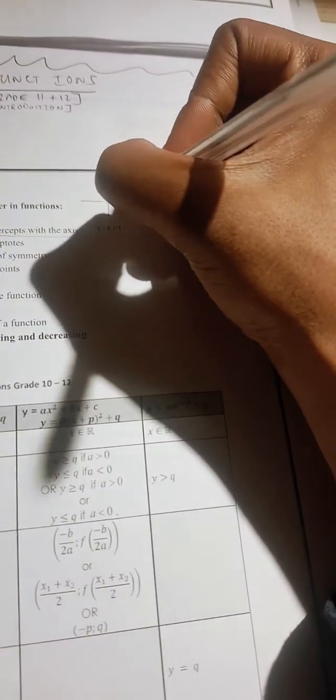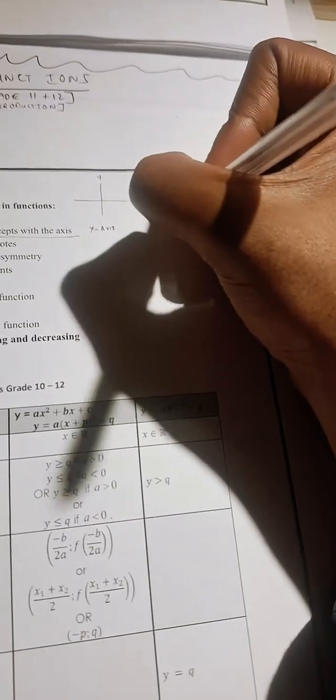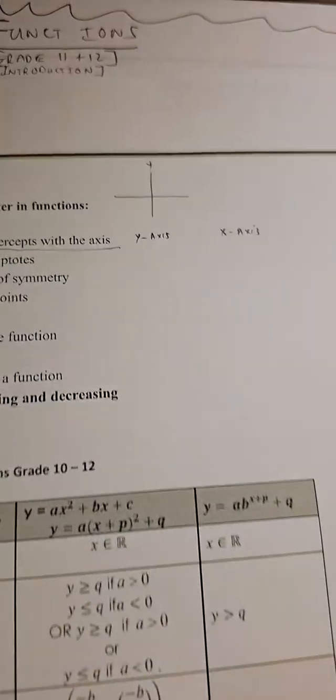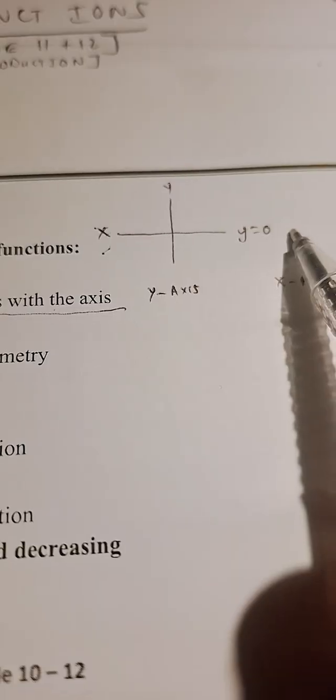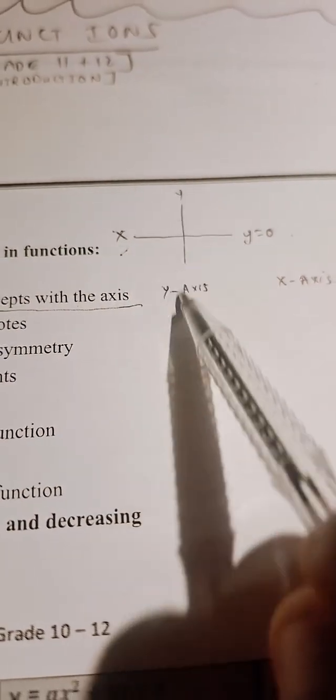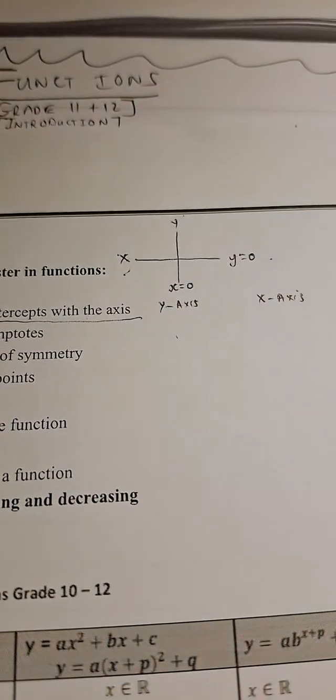This, on your Cartesian plane, is what you call your y-axis. Then you also have your x-axis. The equation of the x-axis, since it's a horizontal line, is y is equal to 0. The equation of the y-axis, since it's a vertical line, is x is equal to 0.